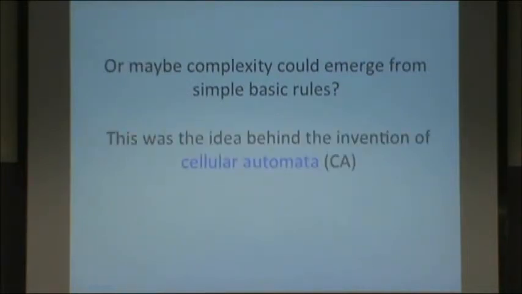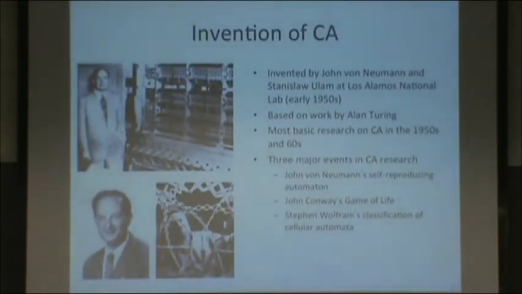So of course this idea has been around for a while, but it was the cellular automata that became a very popular tool to demonstrate it, play with it, and actually have some interesting real applications. And let me give you a little bit of history on the invention of cellular automata. There was some preliminary work done by Alan Turing. You may have heard of the Turing machine. Okay.